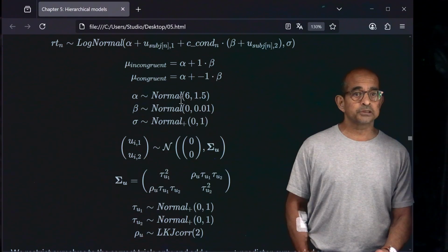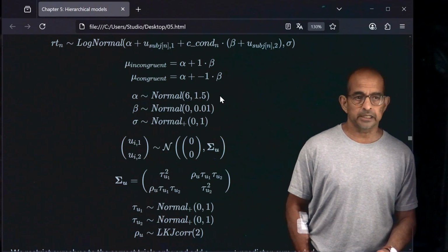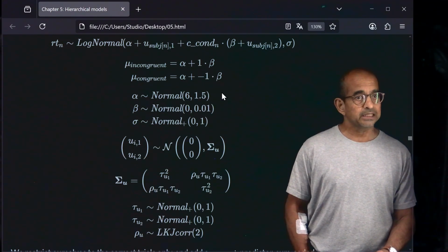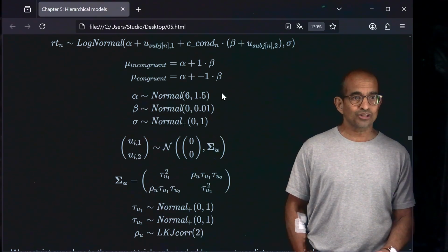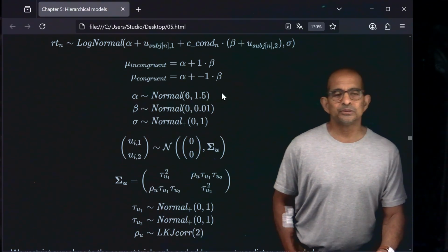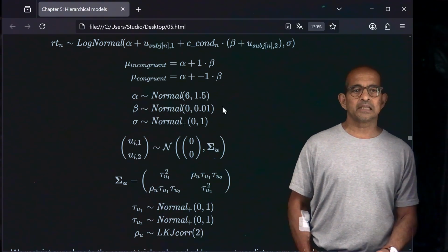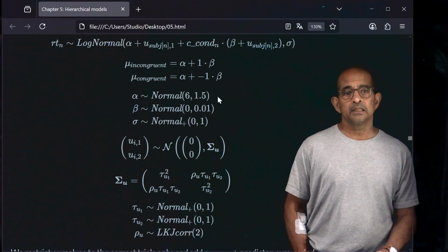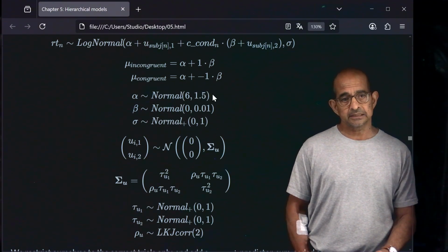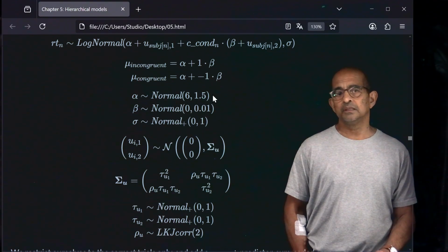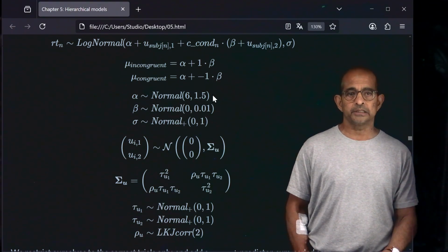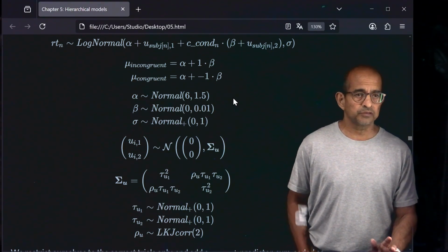I'm not going to put a 0, 1000 prior here. That would be a completely insane prior on the log scale, so be careful about that. This is a very common mistake. People forget that they're working with the log normal likelihood, and they end up with really wild priors for the parameters. That will lead to convergence warnings.